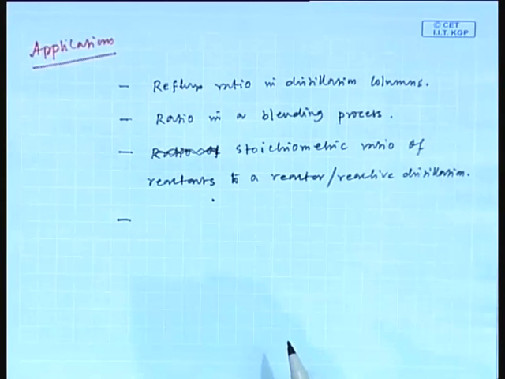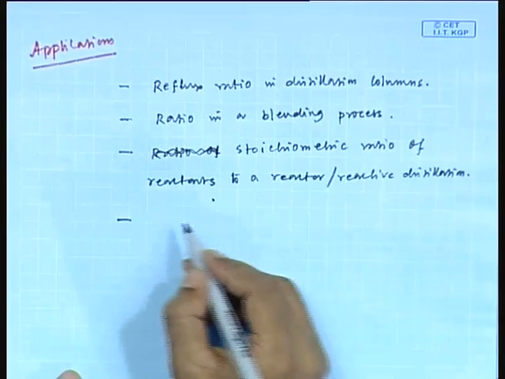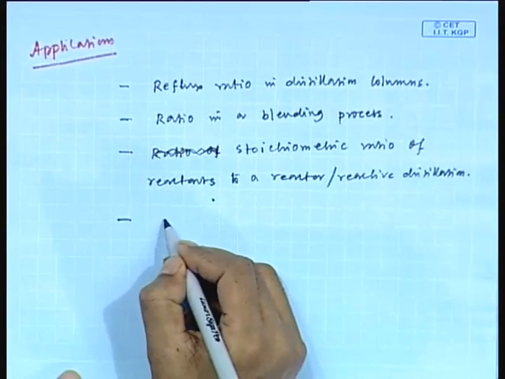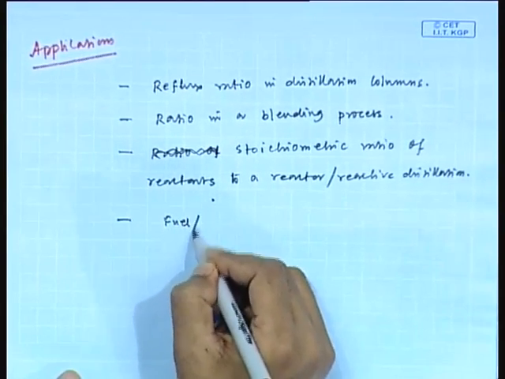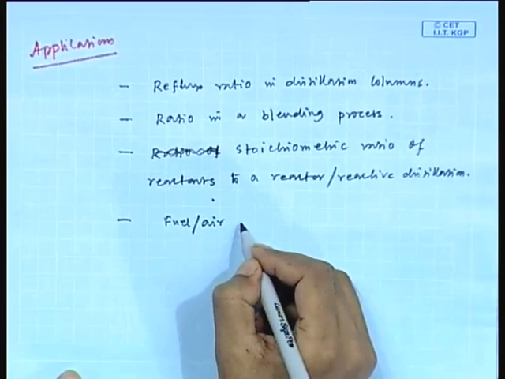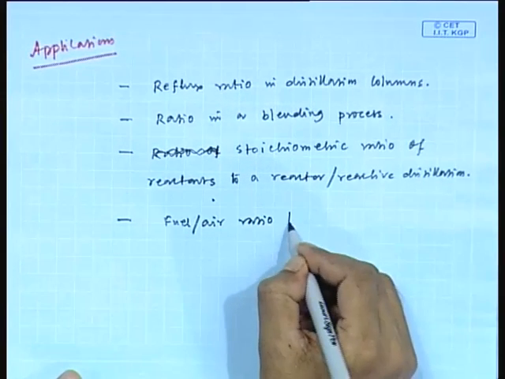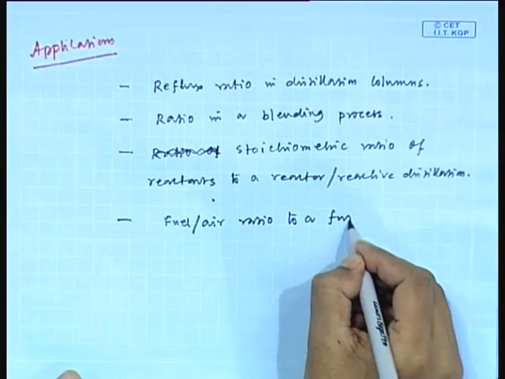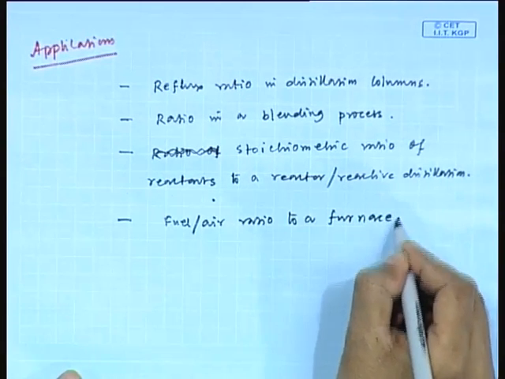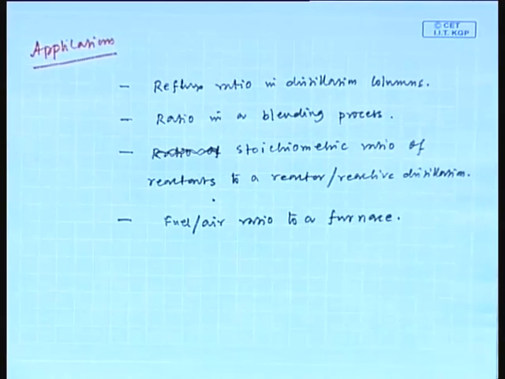To maintain the fuel air ratio to a furnace, the ratio controller can be employed. So, these are the applications of the ratio controller, and the ratio controller is extensively used in chemical engineering processes.